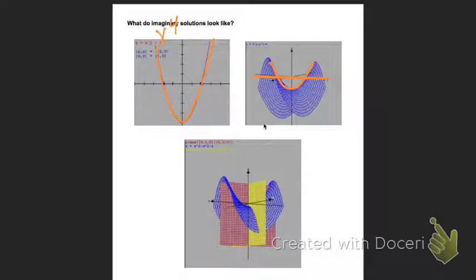All we see is a parabola, but really it has two more roots here and here, because it creates a saddle and it intersects on the z-plane in the third dimension. So we don't actually see it, but if you graphed it in a third dimension, you would see that it intersects the z-plane. It's really cool.